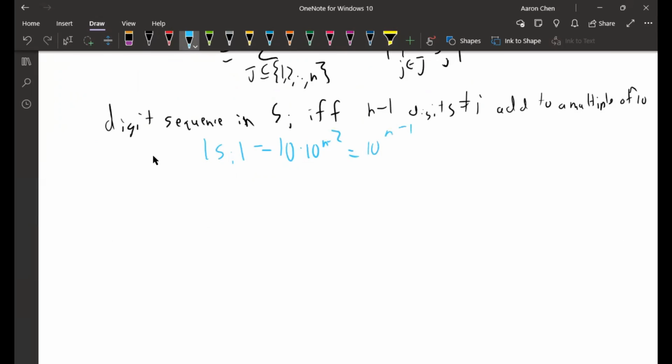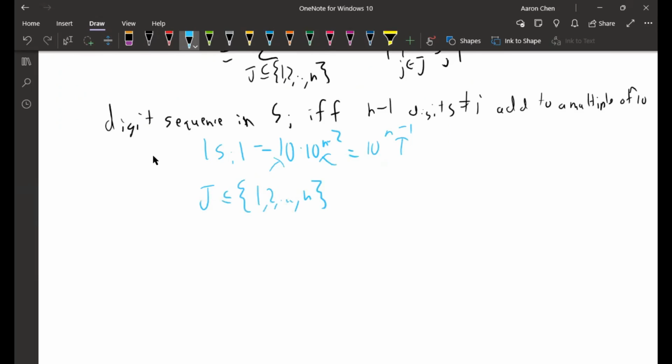And that's because there are 10 ways to choose the ith digit, and for the rest of the digits, there are 10 to the power of n minus 2 ways. And when you multiply them out, you just get this. And so for any subset J that's a subset of the set of numbers from 1 to n, you can do something very similar.